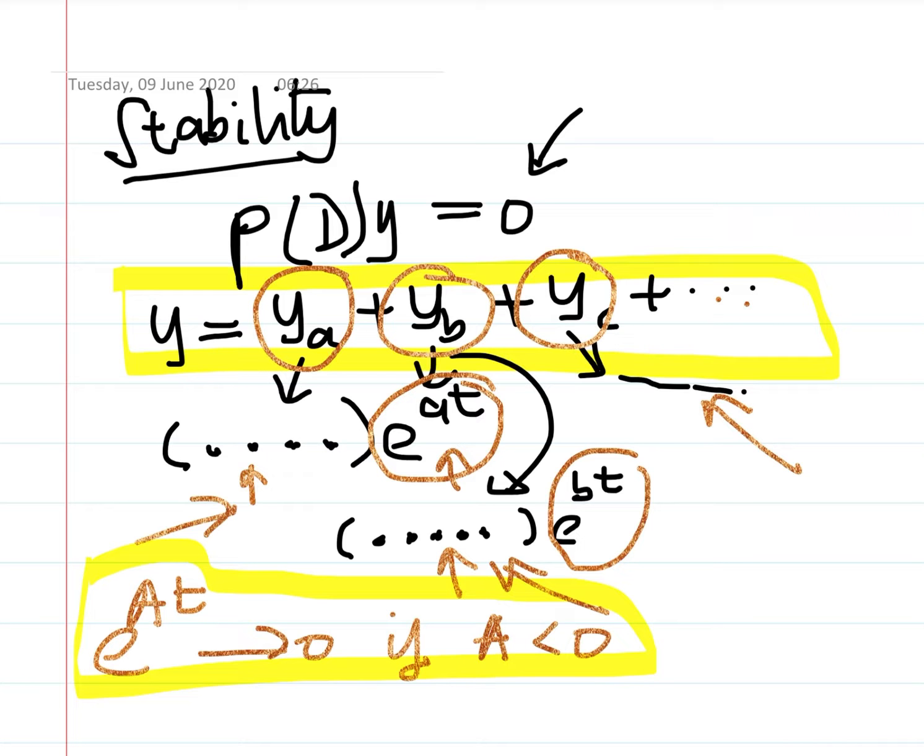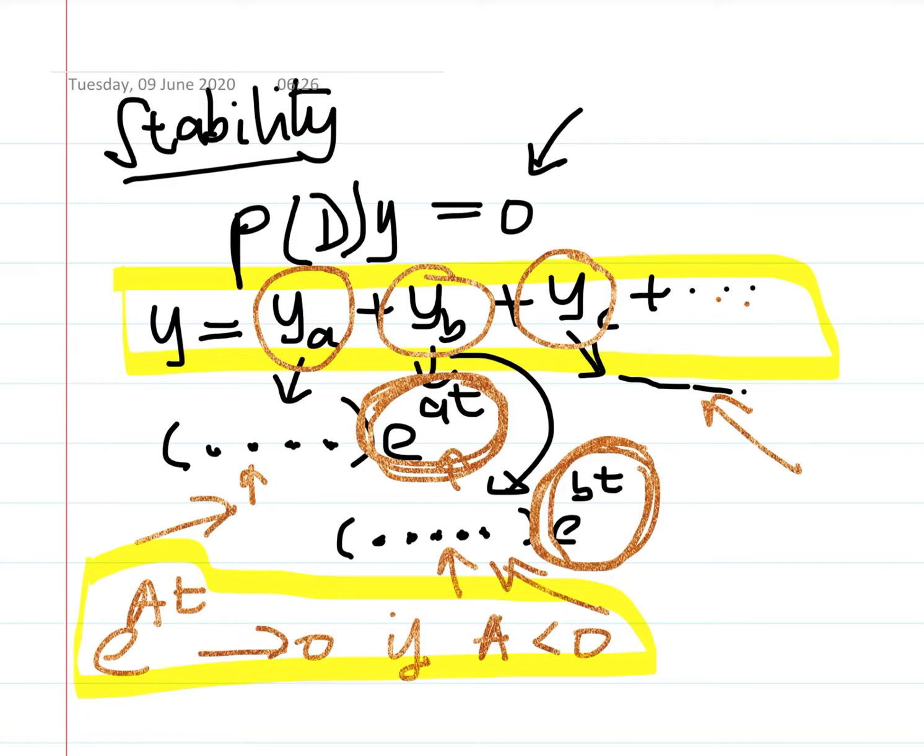For each individual part to go to 0, each of the exponentials that occur in each term would have to go to 0. In the first case, e to the small at had to go to 0. E to the bt had to go to 0. E to the ct, etc. All these individual terms would have to have their exponential factors going to 0.